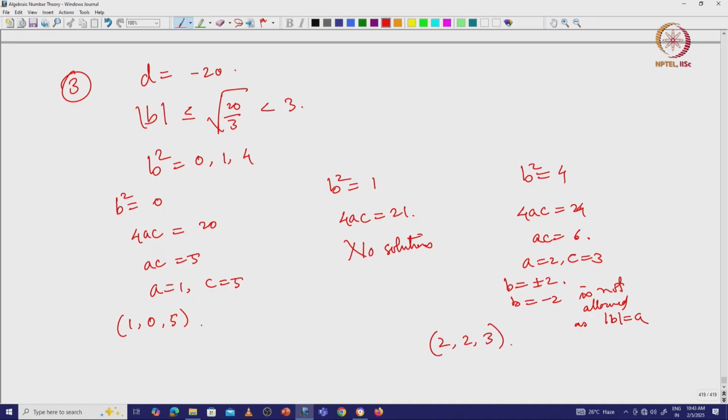So, there are two equivalence classes of reduced binary quadratic forms of discriminant minus 20. So, that is again amazing.